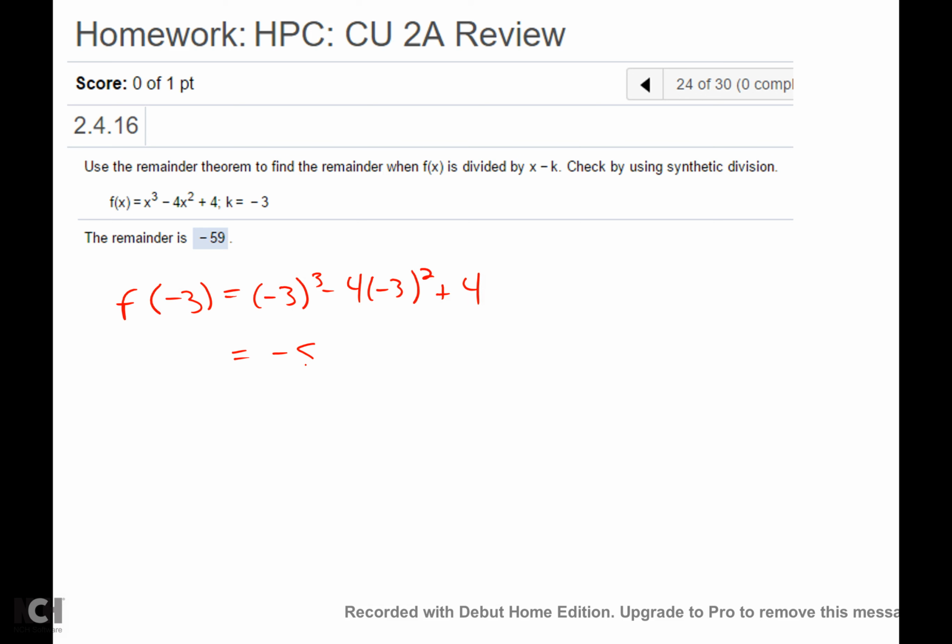If you type it in a calculator, you'll get negative 59, which means that x plus 3 is not a factor, and it means that x equals negative 3 is not a 0.